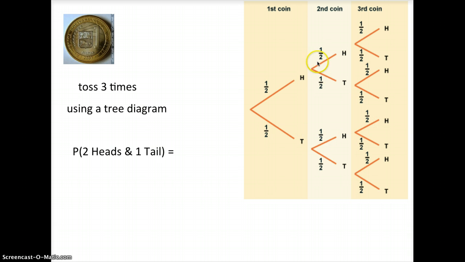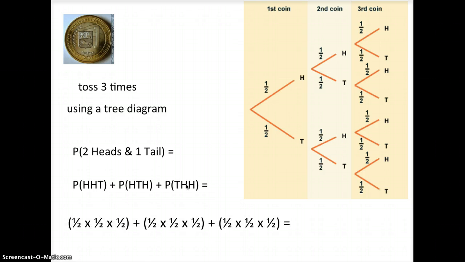For each event or each path, you will have a probability of 1/8. These are the situations or the paths. Each one of them will have 1/8, and you have to add them. You'll get 1/8 plus 1/8 plus 1/8, and you'll have 3/8.